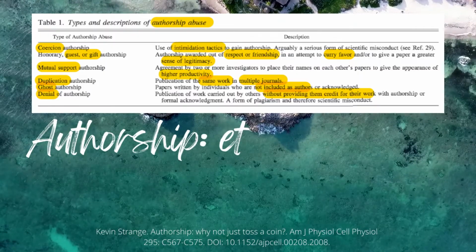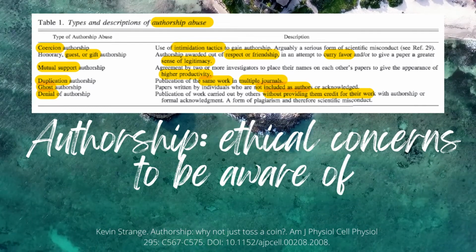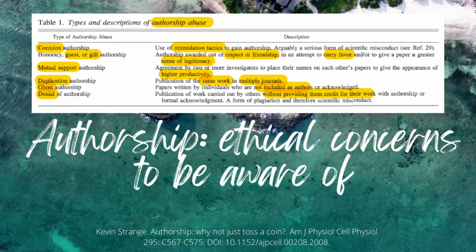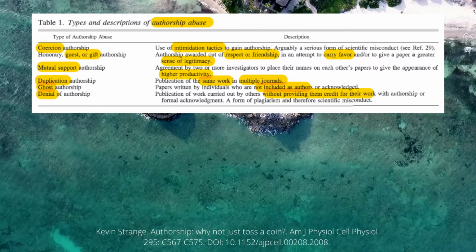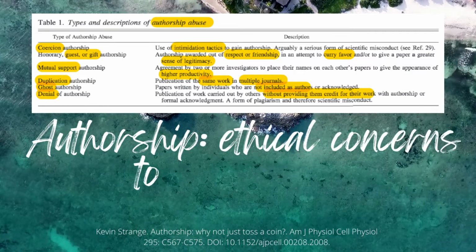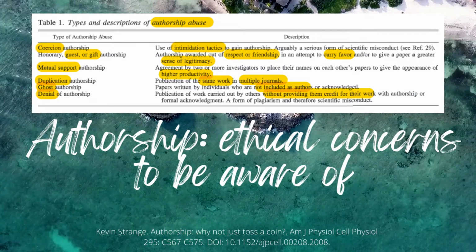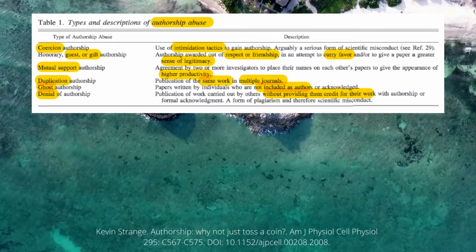Unfortunately, not everything is bright and shiny. In fact, there are plenty of authorship misconducts in clinical research when it comes to disclosing the authors of a scientific manuscript. Fortunately, these are some of the very well identified unethical conducts when it comes to authorship, considered as authorship abuse.